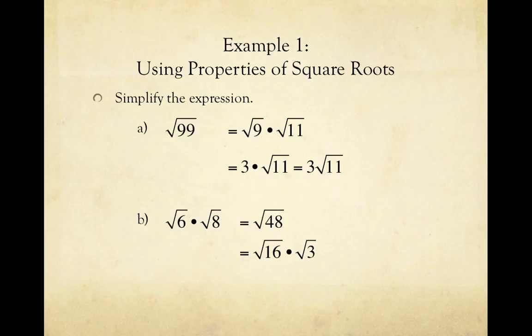So we take the square root of 48, split it up into the square root of 16 times the square root of 3. Then we take the square root of 16, which will give us the 4. And so our simplified expression is 4 square root of 3.